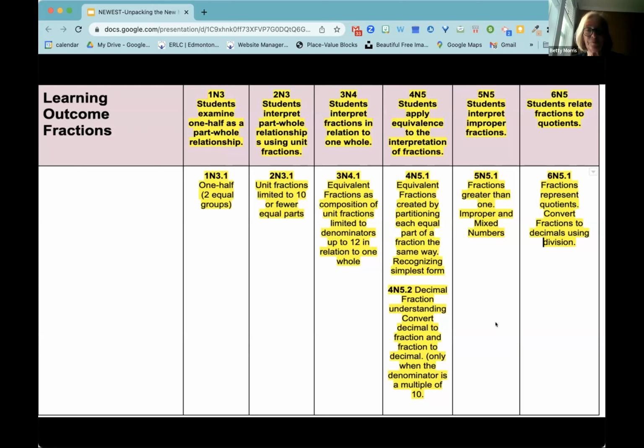Yeah. But on the scope and sequence that we put out on the ERL, on the ARPDC website, you'll see that the fraction concepts are new at every grade level.